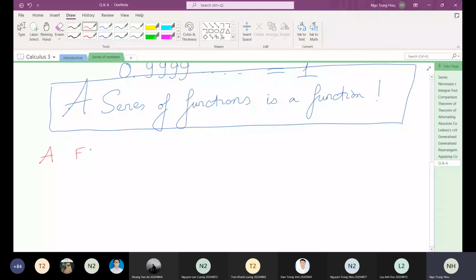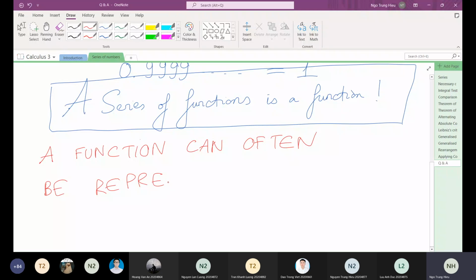A function can often be represented by a series.